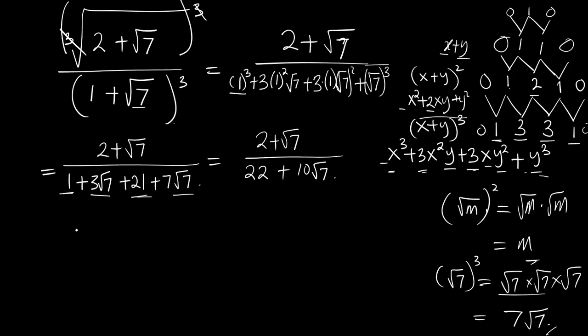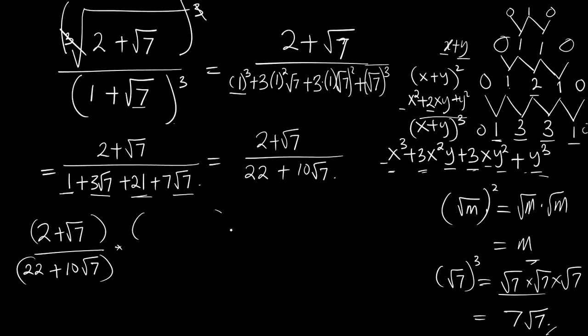Now, since we have gotten this, what we're going to do next, you say 2 plus root 7 all over 22 plus 10 root 7. So what we're going to do is to multiply the numerator and the denominator with the conjugate of the denominator.